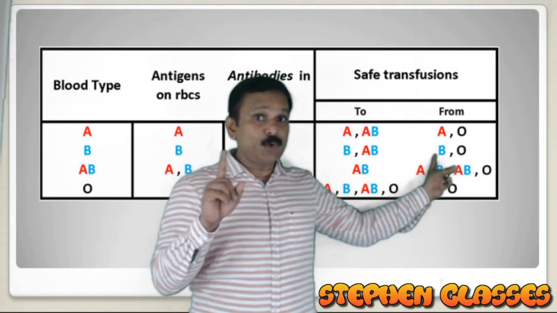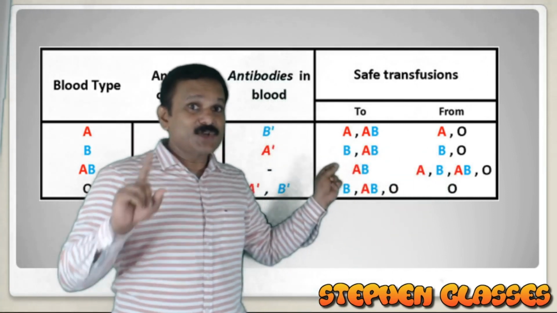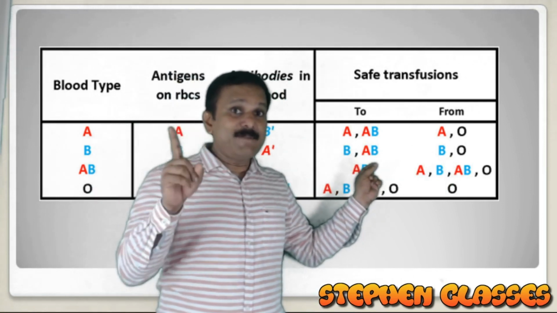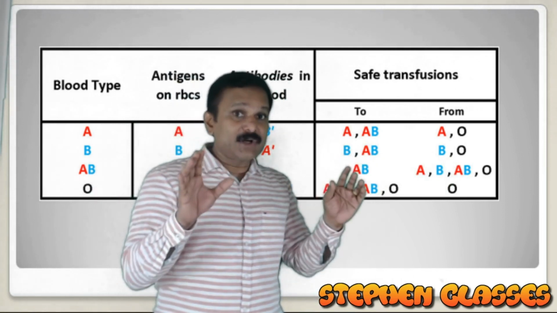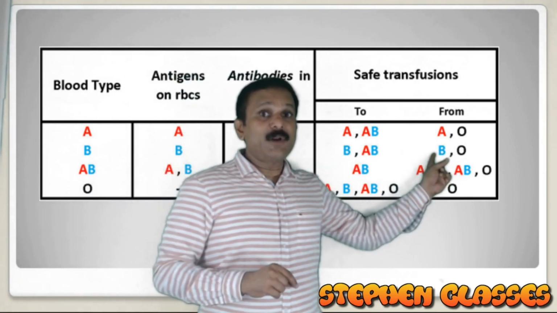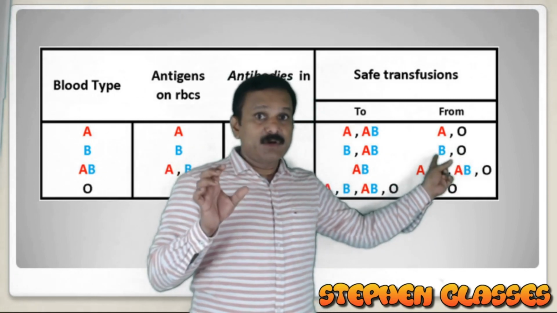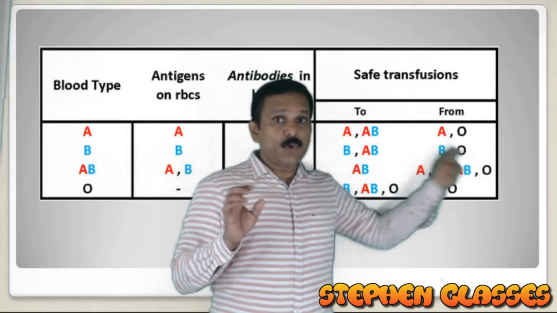A group and AB group will have A antigen in it. That is why the donor group will be B group and O group for B group.